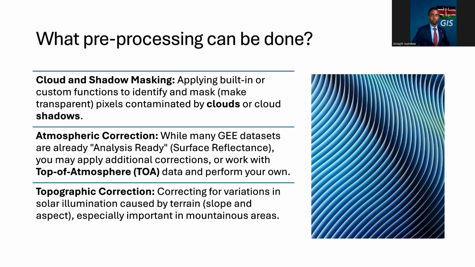So we can do cloud masking to use the image that has less cloud, or to select only images that have clouds of less than 40%, which means we will use the image that was collected today with 30% cloud cover, and not use the image that was taken tomorrow, which had maybe 80% cloud cover. So that is what we mean by cloud masking. Then there is atmospheric correction. Atmospheric correction is correcting a distortion that occurs in the atmosphere, right?